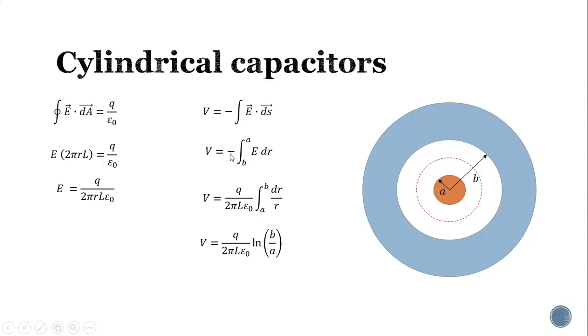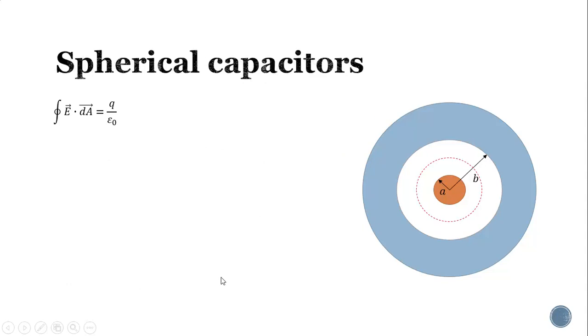Remember that you can get rid of the negative sign by flipping the limits of an integral. So if we take Q divided by V and plug that in, we get this as a result. Kind of an interesting thing. Really the capacitance depends upon the length of the capacitor and the ratio of a and b, so what this difference in distances looks like.